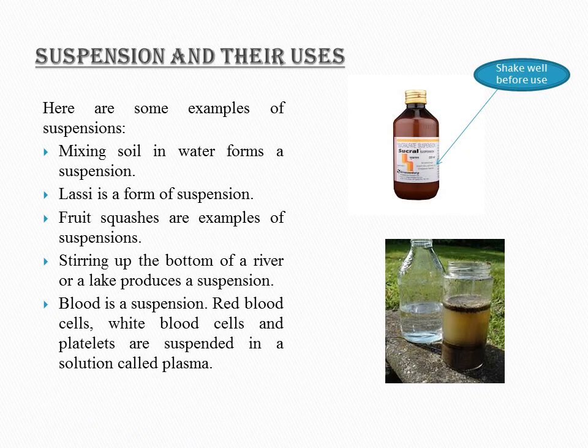Now, here are some uses and examples of suspensions. The first one is that mixing soil in water forms a suspension. Here in this picture you can see soil mixed with water, which is called a suspension.